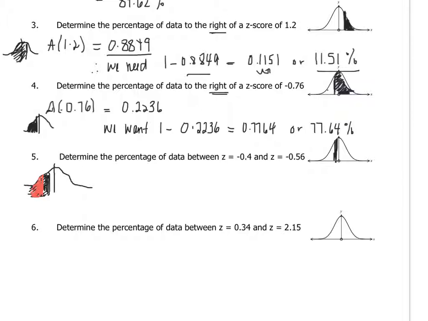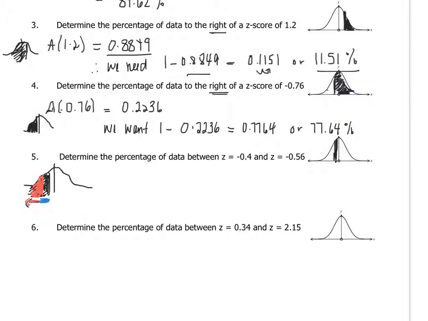So basically, if I take the black, which is the area from here down, and then I subtract the area of the red, I should be left with the piece that I want in blue there, that section.